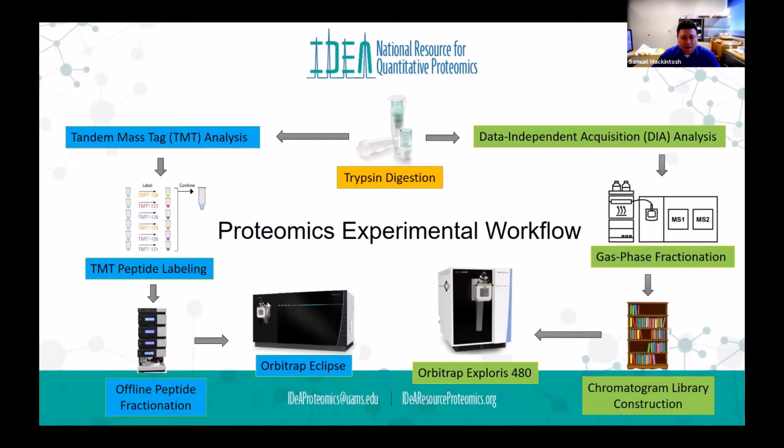Ideally, you want to use as much instrument time as you need to detect the number of proteins you want to detect, but you don't want to use more, because more instrument time costs more money, and we don't want to spend a lot of extra time collecting data that ultimately ends up not being useful to answer the biological question. And there are other parameters in these workflows where similar considerations need to be addressed.